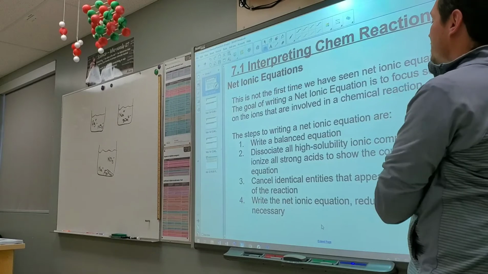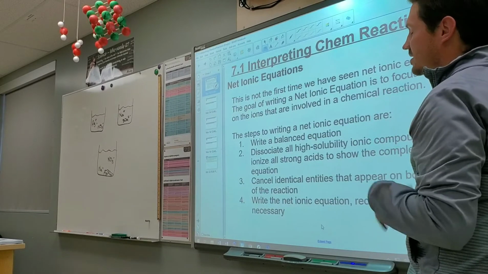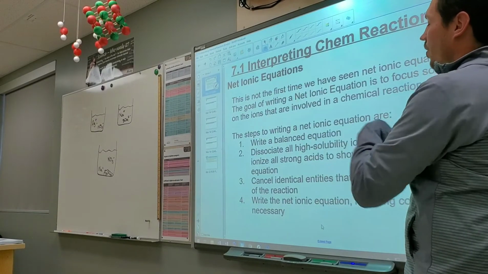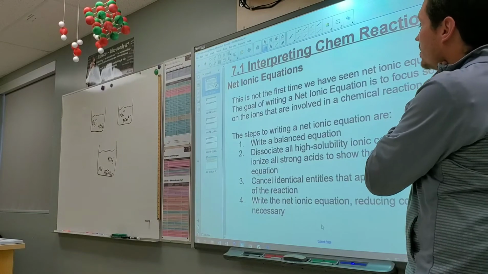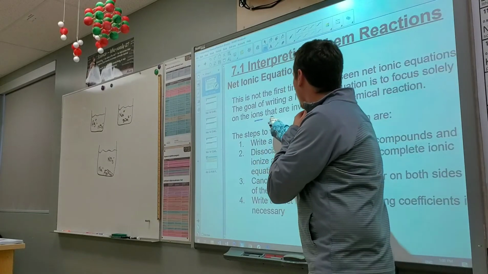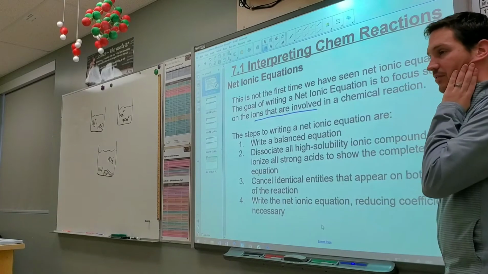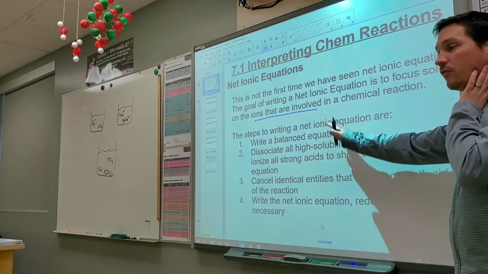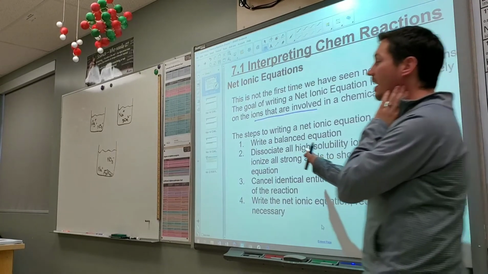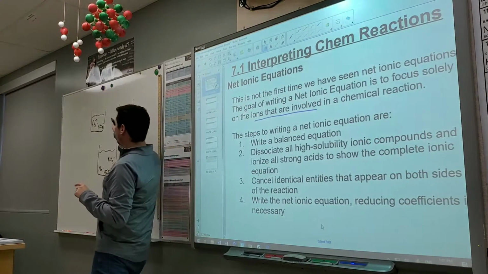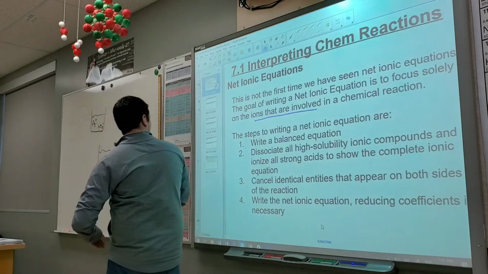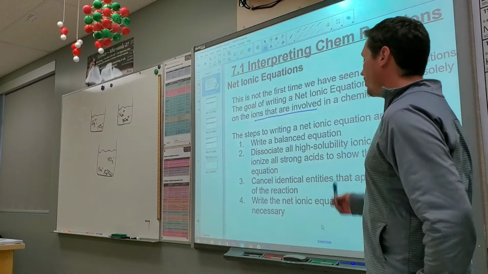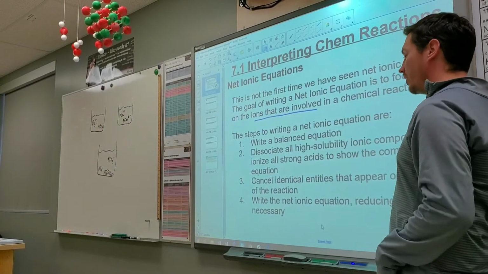So this is not the first time we've seen net ionic equations. The goal of writing a net ionic equation is to focus solely on the ions that are actually involved in a chemical reaction. There's a series of steps. We're going to follow the series of steps, but at the end of the day, it's all about what in here is actually reacting. Step number 1, write a balanced equation for what's going on.